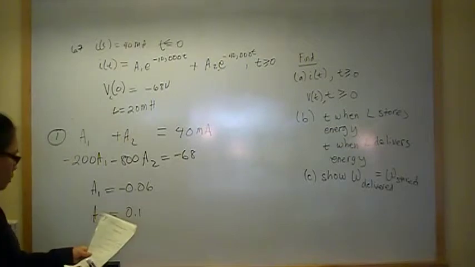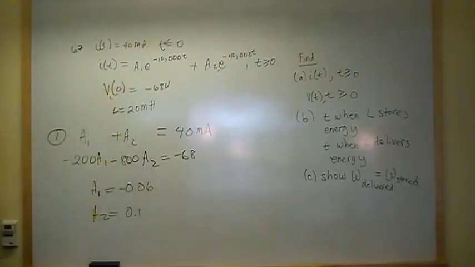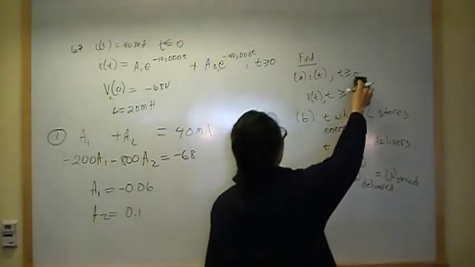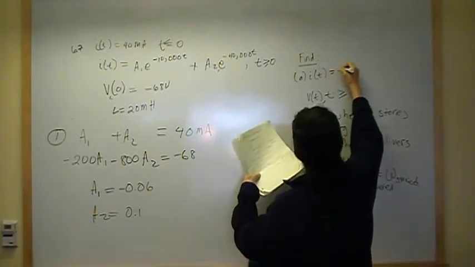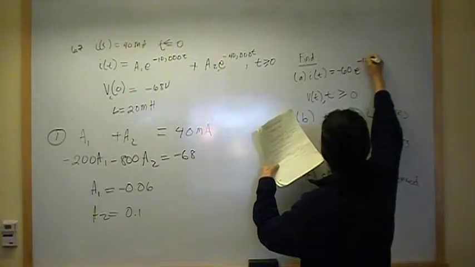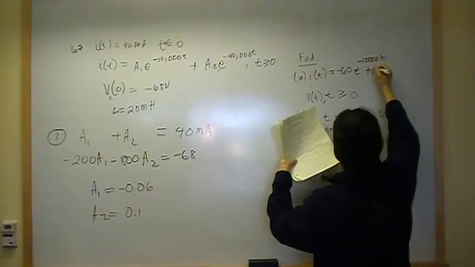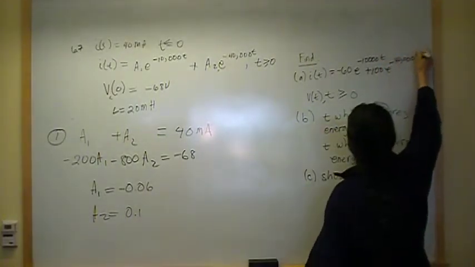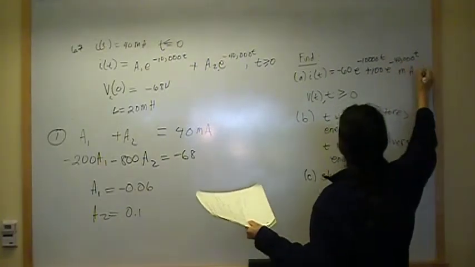All right, so our general equation, when you put the A1 and A2 where they belong, is I of t is equal to negative 60 e to the negative 10,000 t plus 100 e to the negative 40,000 t milliamps.